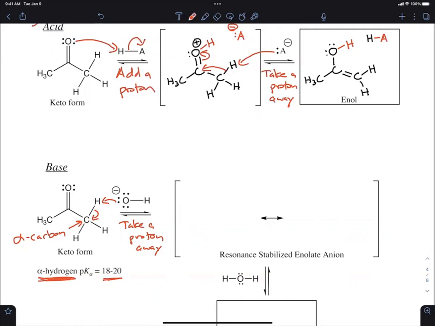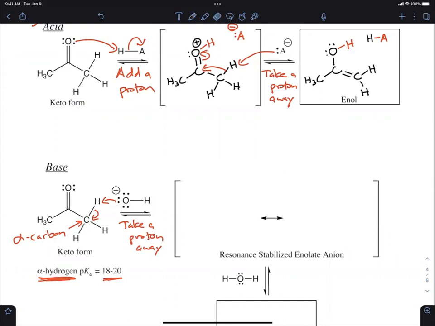That makes them relatively acidic, very acidic from the point of view of being a hydrogen on carbon. For reference, an alkane carbon hydrogen is probably closer to 50 or 60 in terms of its pKa. 18 to 20 is actually pretty darn acidic.